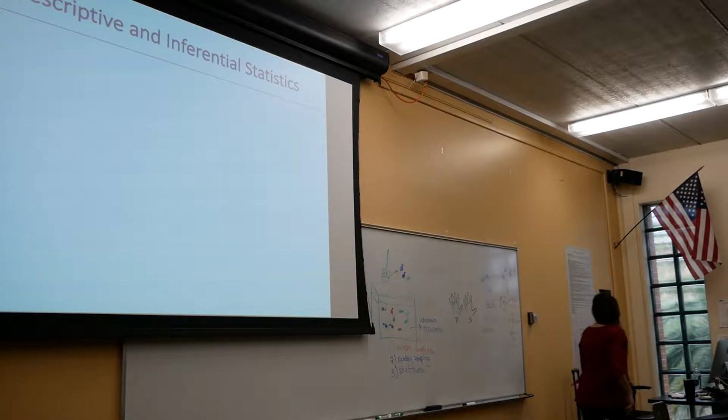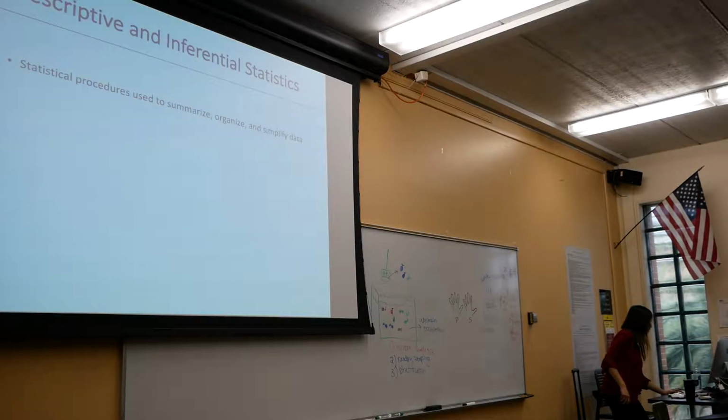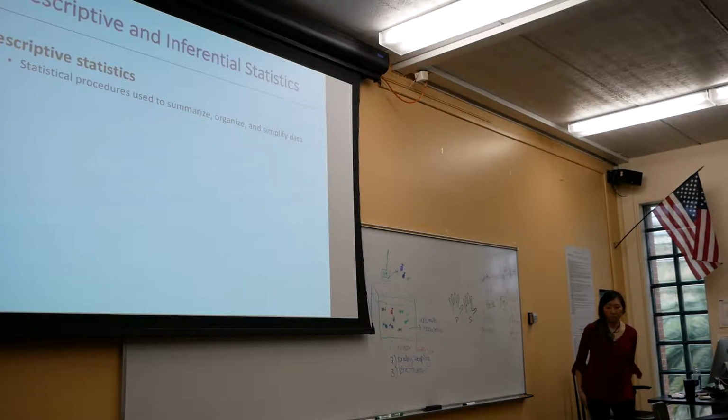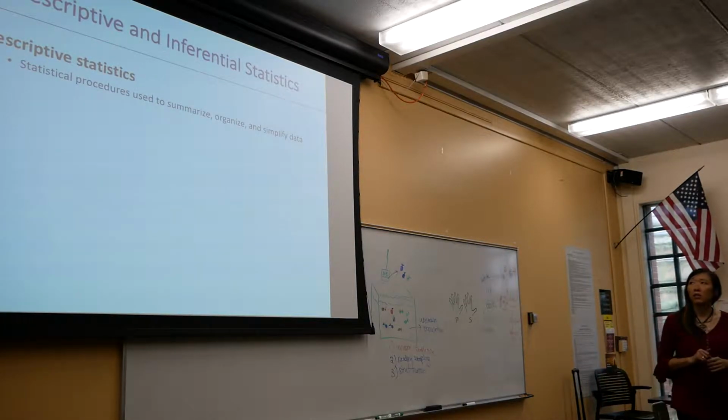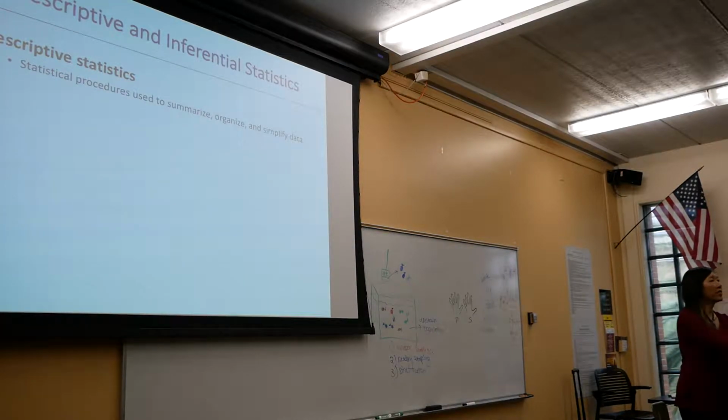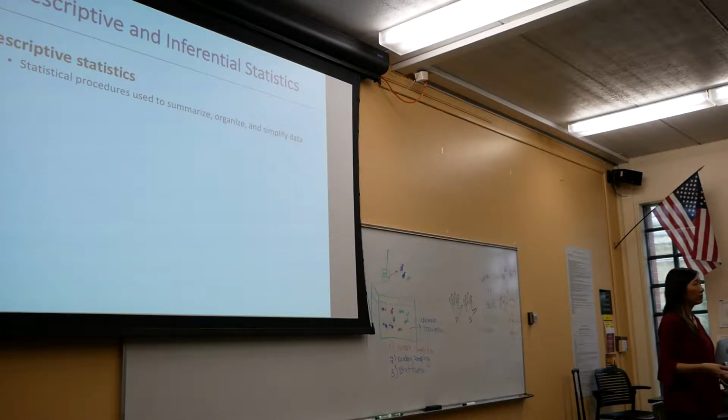So that would actually be the definition. We're going to summarize, organize, and simplify the data. Instead of measuring all of this data, we're going to just give you one value that sort of summarizes it all.